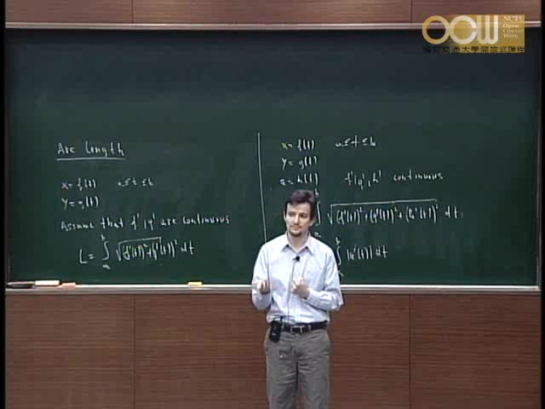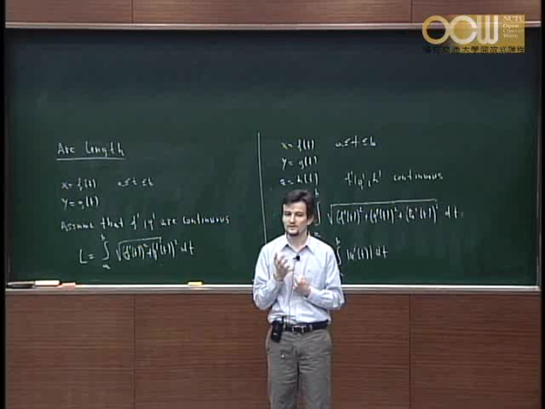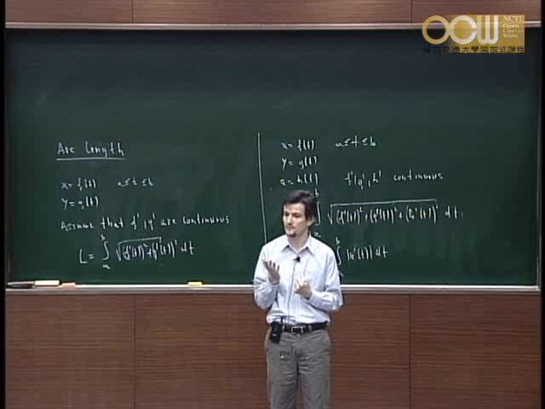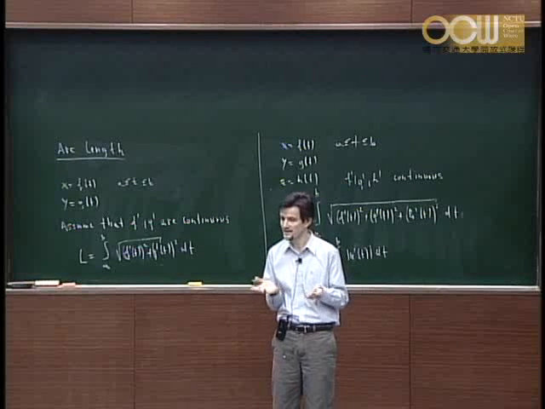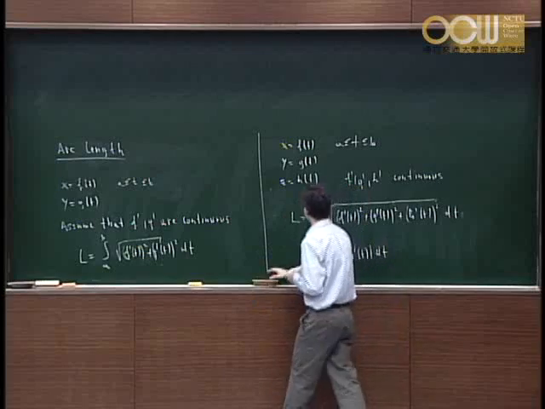So we take the absolute value of the second derivative. But this depends on the parameterization, whereas how curved the curve is shouldn't depend on the parameterization. So keep this in mind.